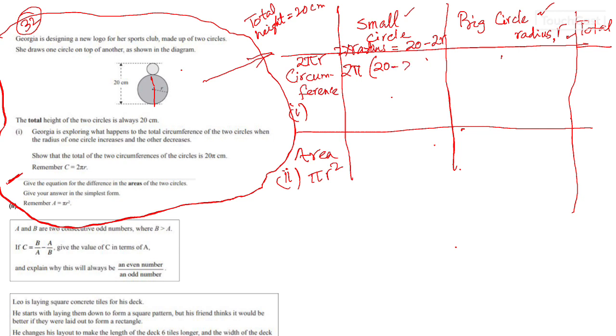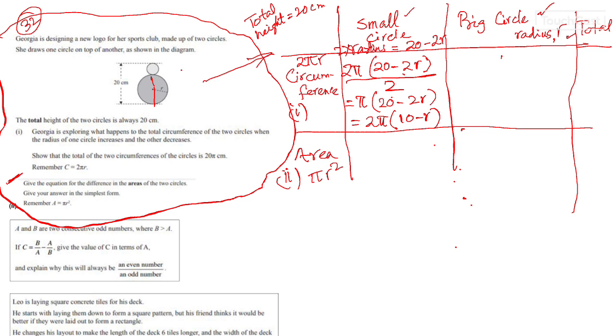20 minus 2r, that's the diameter, and we got to divide it by 2 because this diameter has to be changed into a radius. So 2 pi r is the circumference, and if I simplify that, that'll give you pi times 20 minus 2r, and if I factorize, that'll give me 2 pi times 10 minus r.